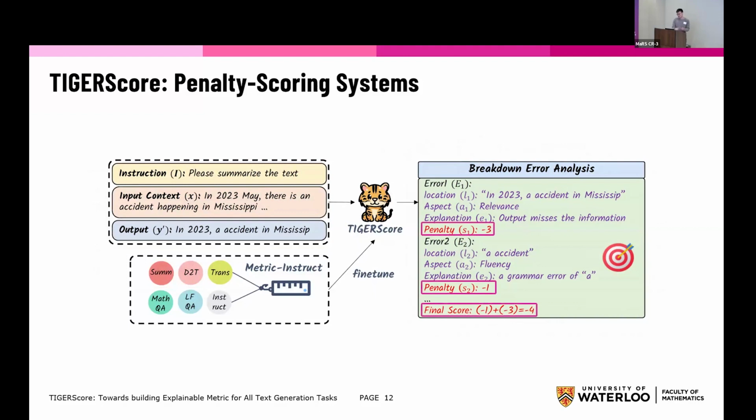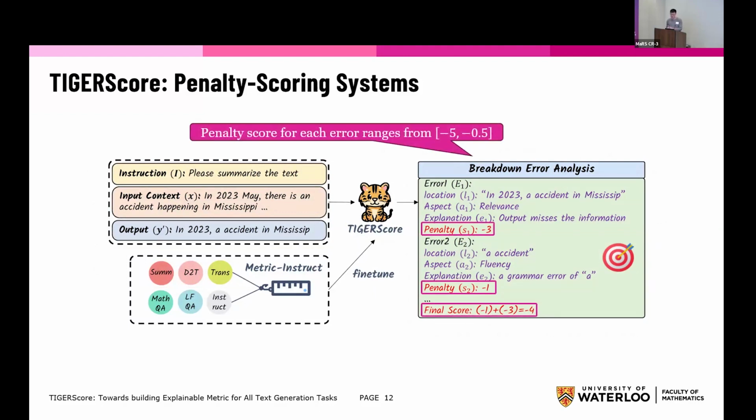Yeah, another design of TIGERScore, which I think is very innovative and was actually proposed by Professor Jiang, is the penalty scoring system. Instead of simply assigning a positive score to tell how good this output is, we instead define a penalty score for each error, ranging from -5 to -0.5.